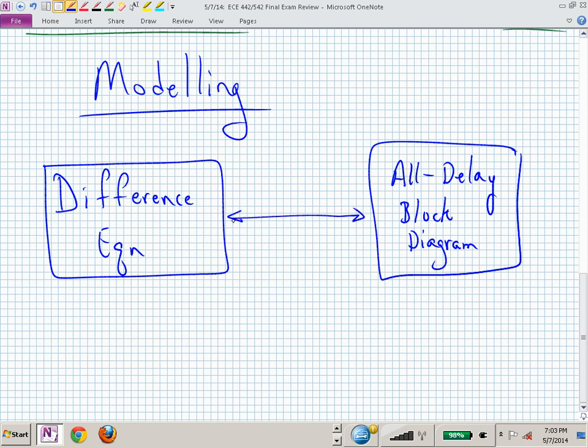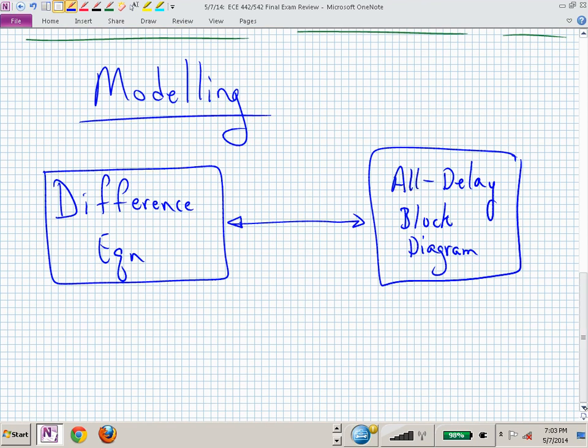Or maybe you want to go the other way. From an all delay block diagram, can you move into a difference equation? You may not want to do that directly. Maybe you'll get a transfer function and then do the cross multiplying and then get your difference equation, but you should be able to go back and forth between a block diagram and a difference equation.